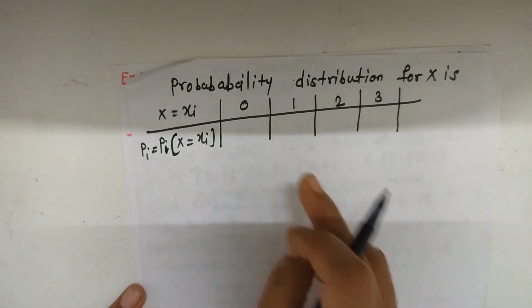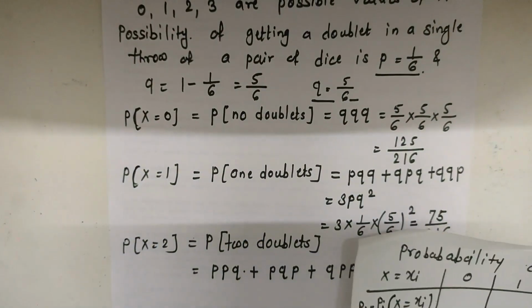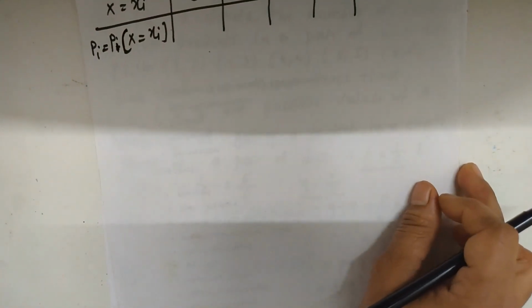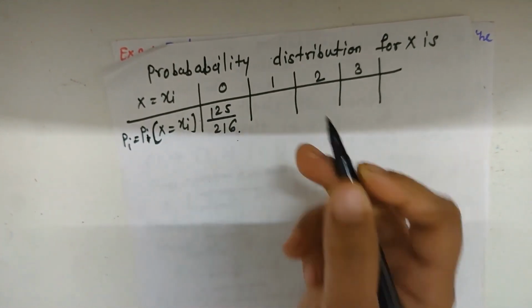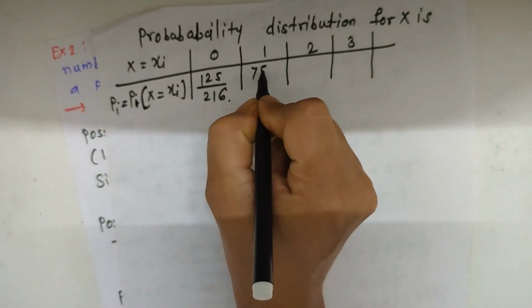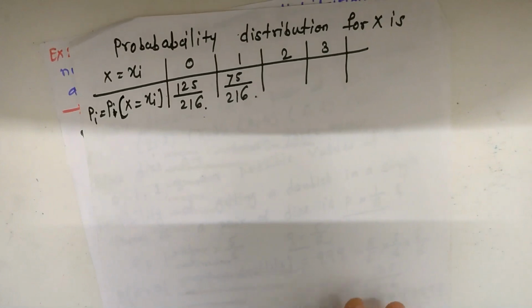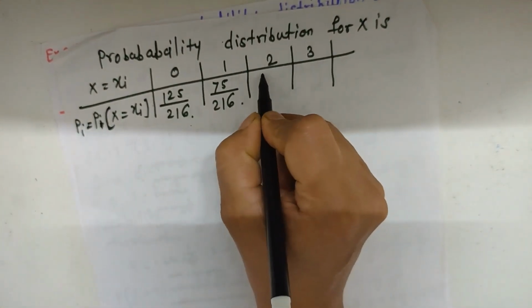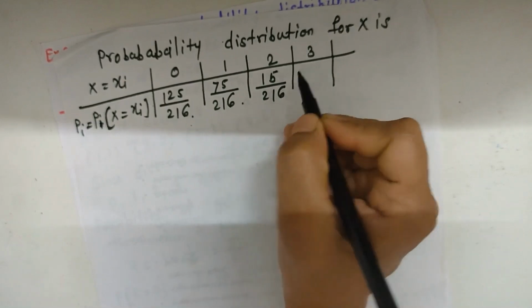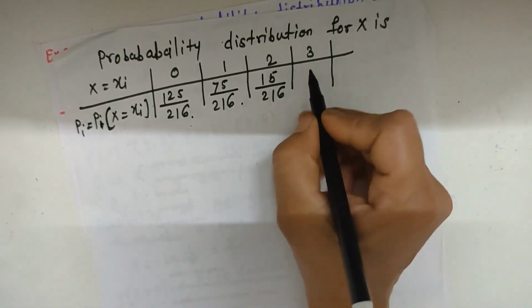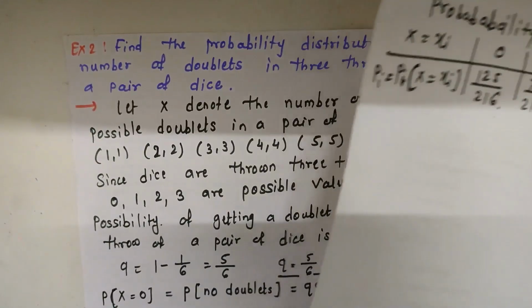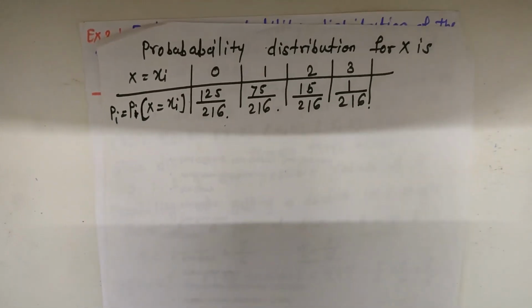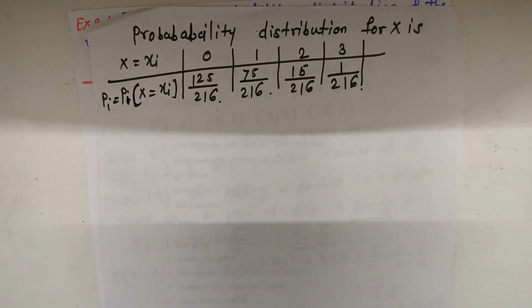The corresponding probability for x equal to 0 is 125 by 216. For x equal to 1 it is 75 by 216. Next, for x equal to 2 it is 15 by 216, and for x equal to 3 it is 1 upon 216. In this way we can find the probability distribution for the given random variable x.